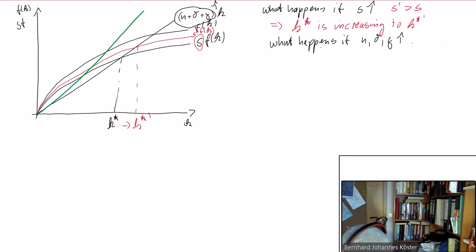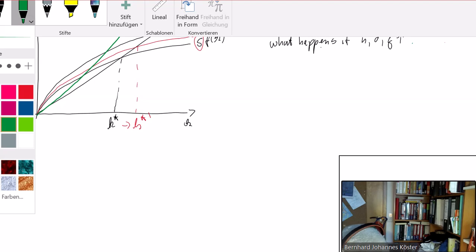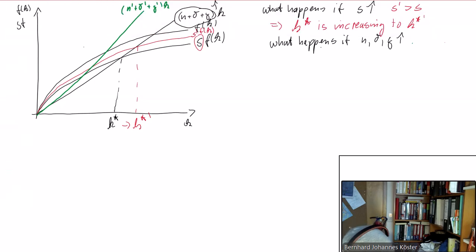n prime plus delta prime plus g prime times k. Let me take this thinner. Well, and then of course we see here our cut is moving to the left.